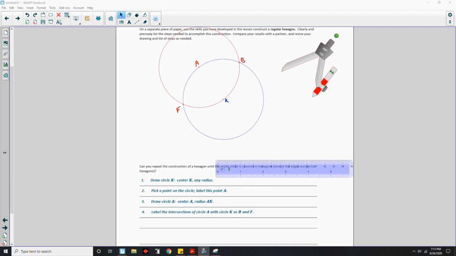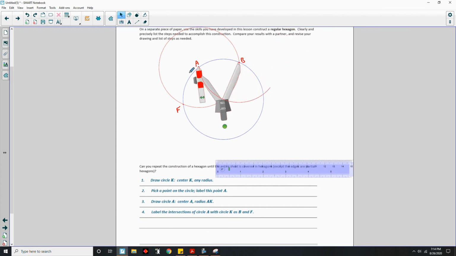Okay, so now that we've done that, now we're going to move around and keep doing this. So now we need to draw another circle centered at B with a radius of BK. So I'm going to bring my compass over and put it right there on B and draw a circle.